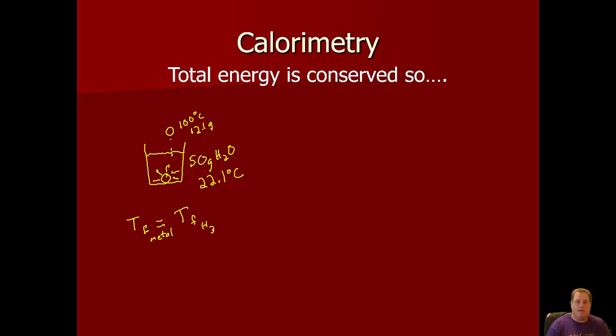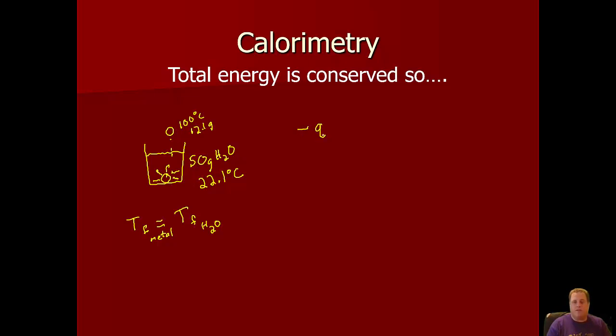That is another very, very key idea, right? Because energy is going to keep flowing until these two things reach the same temperature. Okay? So we know that the total energy released is going to be equal to the total energy absorbed, and the key idea that the T final of both objects have to be equal.